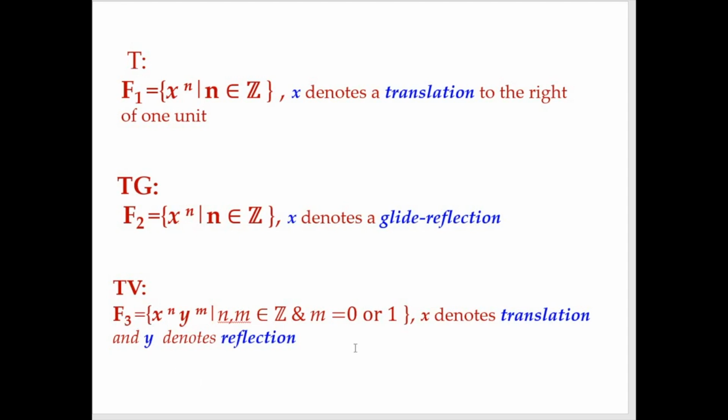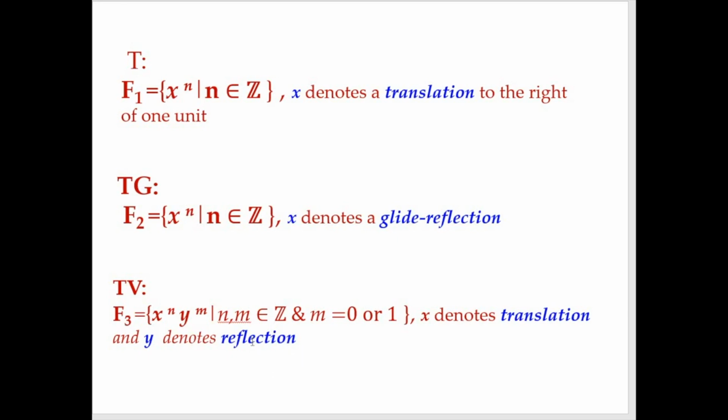And then for F3, we have the set consisting of x raised to n, y raised to m, where n and m are integers, with m taking only the two values 0 or 1. Here x denotes translation and y denotes reflection. So when we list out the elements, we will have F3 which we have already given in the picture.